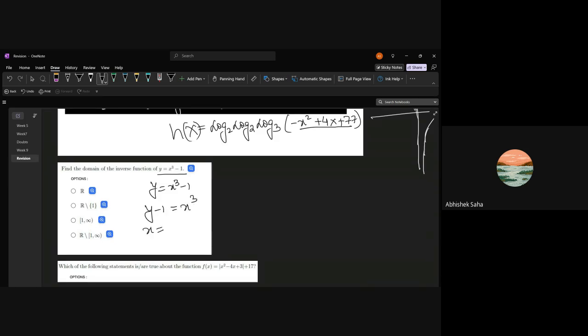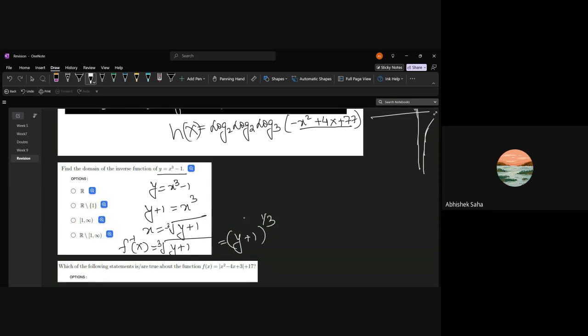And from here we will get x equal to (y plus 1) to the power 1 by 3. Yes, sorry, y plus 1 equals x cube, so x is (y plus 1) to the power 1 by 3.